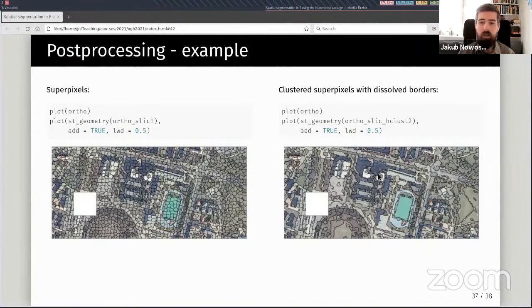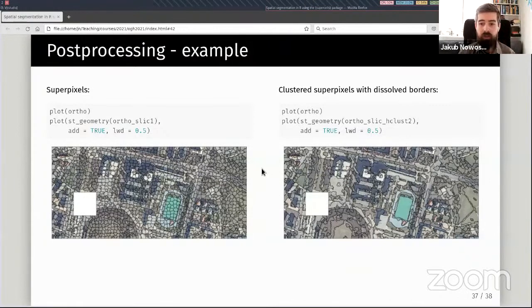And on the right, we've got clustered superpixels. So I dissolved all of the borders. And you can see that right now, some areas like the field or the surrounding areas or the grass areas or trees are delineated quite nicely. And of course, again, by changing the number of clusters, I could improve this result.